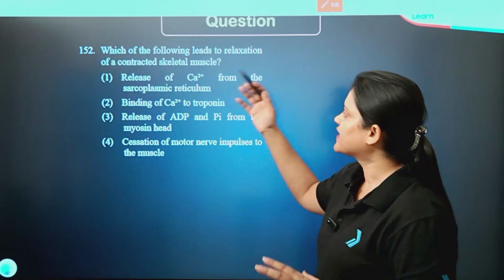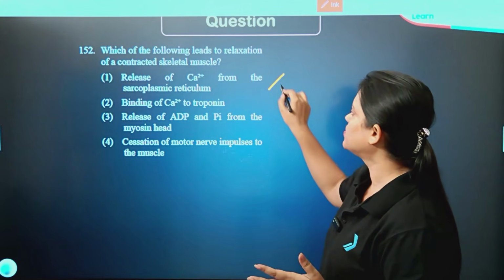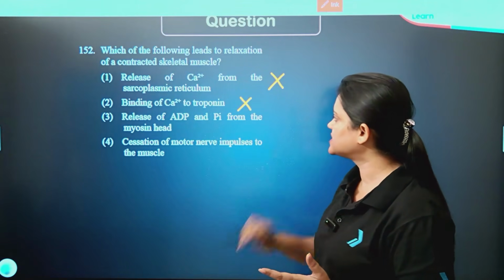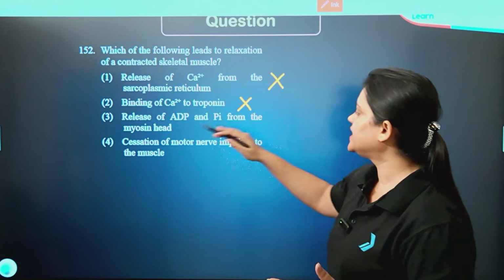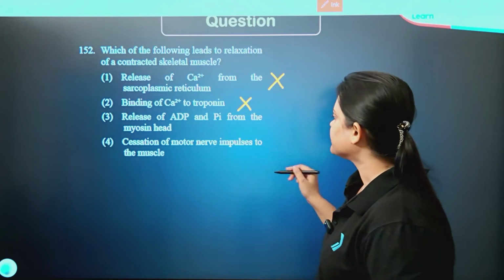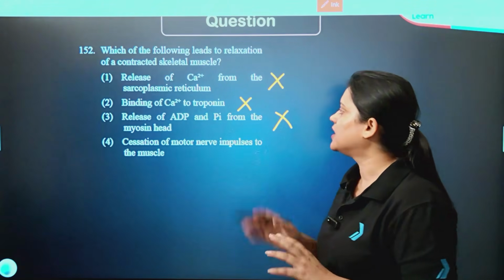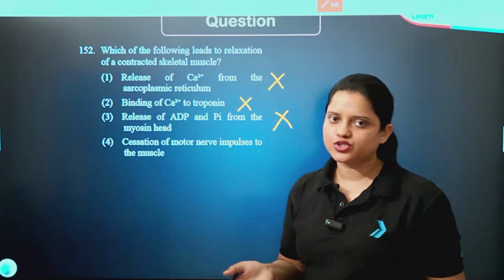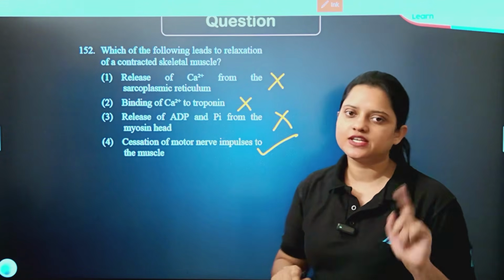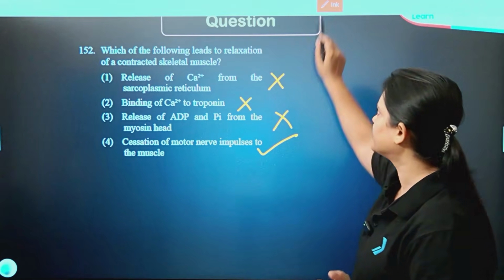So, release of calcium will lead to muscle contraction. Binding of calcium to troponin will lead to muscle contraction. Release of ADP and inorganic phosphate from the myosin head. Okay. Definitely, it will not lead to relaxation, right? And cessation of motor nerve impulse to the muscles will lead to relaxation. So, it is 4.